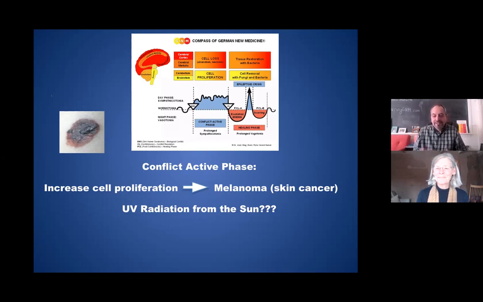And some of us get a better tan than others, right? But the skin cancer, the melanoma, is not caused by the radiation in the sun, but instead it's caused by an attack conflict. Now, what is causing the melanoma in relation to, quote unquote, the sun and the radiation?